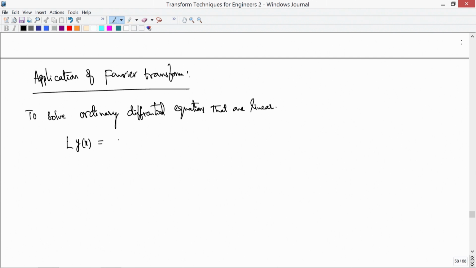You have some constant an, and the nth derivative of y, and a(n-1) with the (n-1)th derivative of y, and so on. You end up getting a1 dy/dx plus a0 y equal to some forcing.